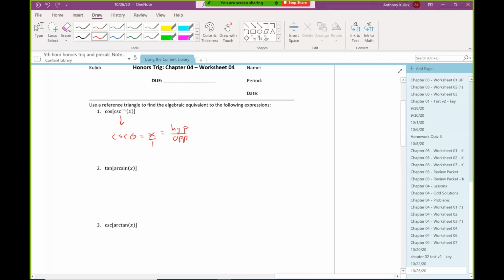So I'm going to think about x as x over 1. So x is my hypotenuse and 1 is my opposite. Is that okay? So I'm going to draw a right triangle. I'm going to name one of the angles theta. And relative to theta then, the hypotenuse is x and the opposite is 1.